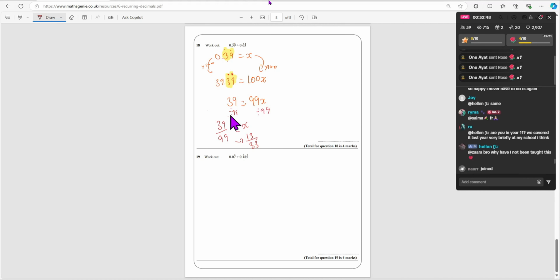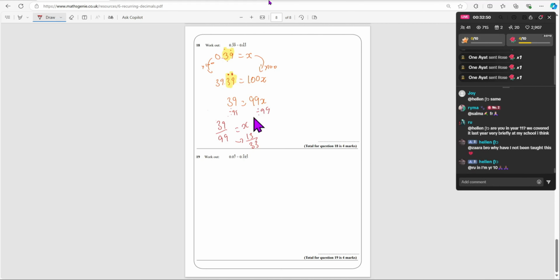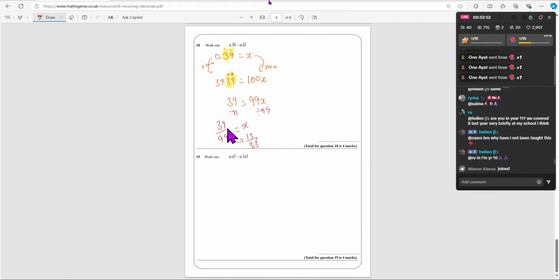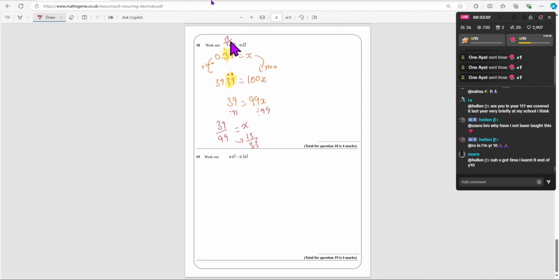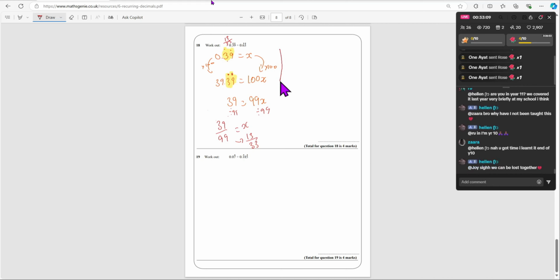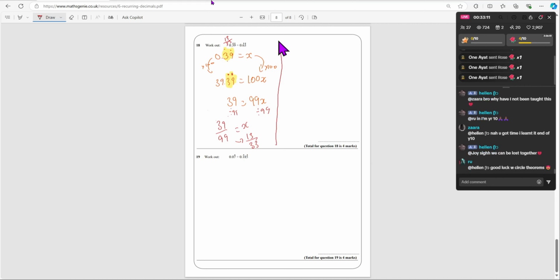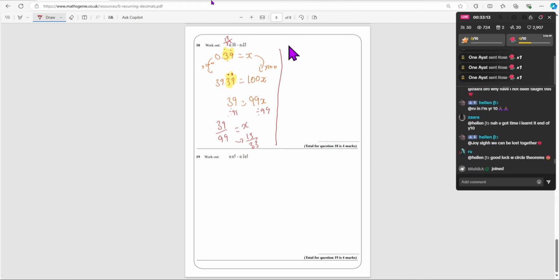I cancelled those recurring numbers out. So then I could write it as 39 over 99, and then you can simplify to 13 over 33, okay? So we know that 0.39 recurring can be written as 13 over 33. Okay? Now, let's do the other one.